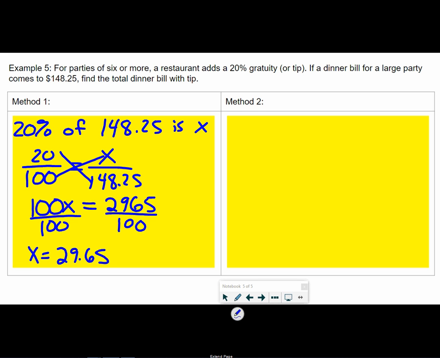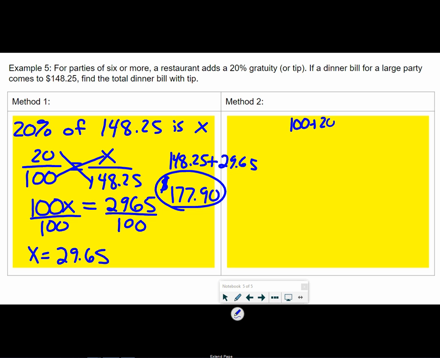So I add that on to 148.25. I get $177.90. That was method number 1. Method number 2, I'm going to add 20% first. So I get 120%.